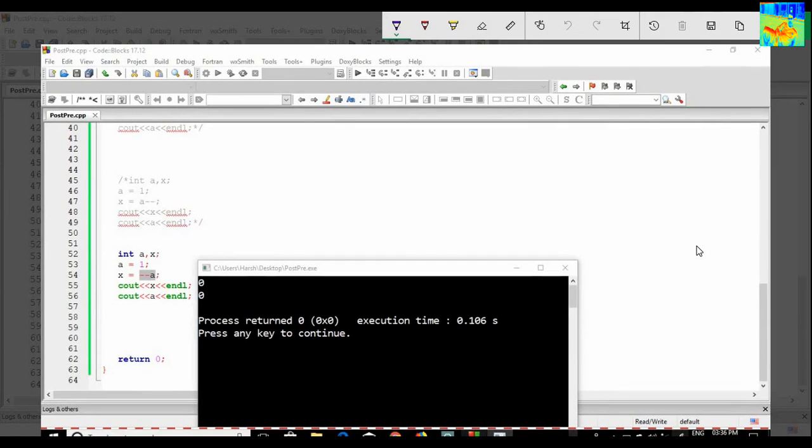Because it is pre-decrement. Initially the value of a is 1, then x equals minus minus a. Since it is pre-decrement, first I will decrease, so the value of a becomes 0, and then I will assign. Hence x is also 0, and that's why both are 0. So this was pre-decrement.